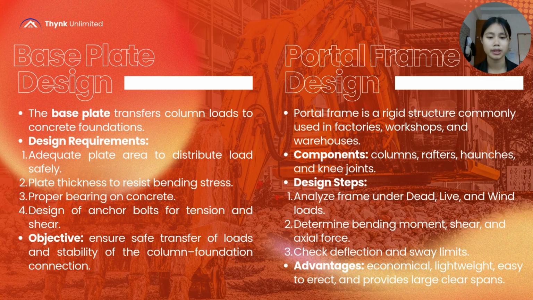Design steps: first is analyze the frame under dead, live, and wind load. Second, determine bending moment, shear, and axial force. Third is check deflection and sway limit. And the advantages are economical, lightweight, easy to erect, and provides large clear span.